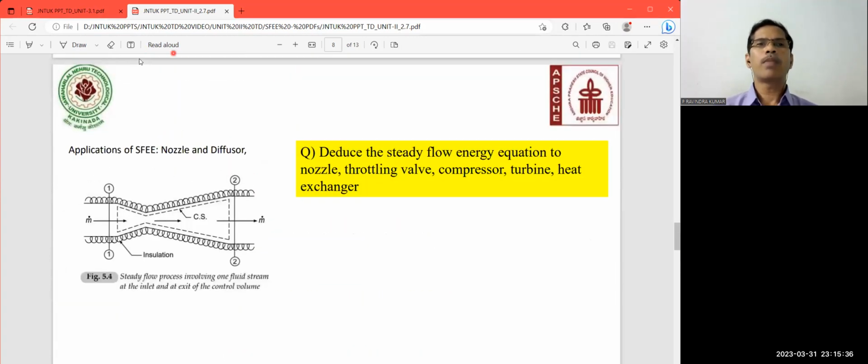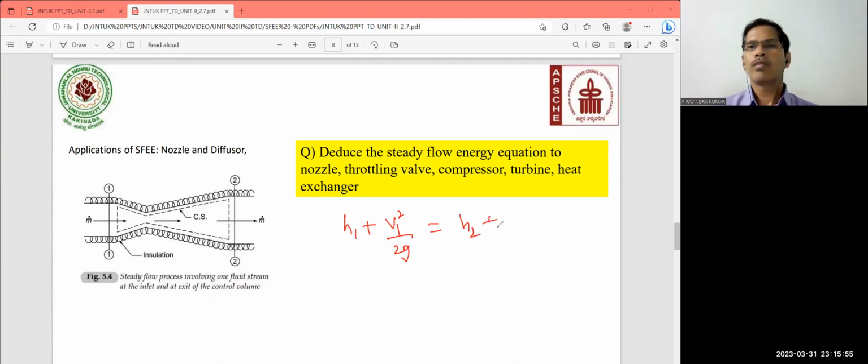By applying this here, because this is totally insulated, you can get H1 plus V1 square by 2G is equal to H2 plus V2 square by 2G.